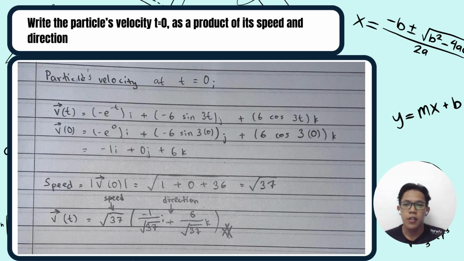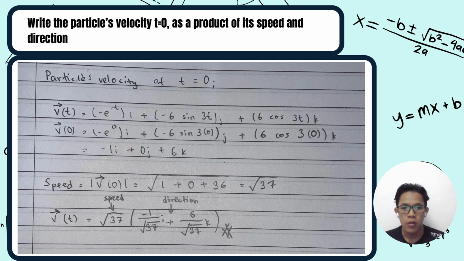After that, we need to find the particle's velocity at t equals 0 as a product of its speed and direction. We already found the velocity: negative e to the power of negative t i plus negative 6 sin 3t j plus 6 cos 3t k.